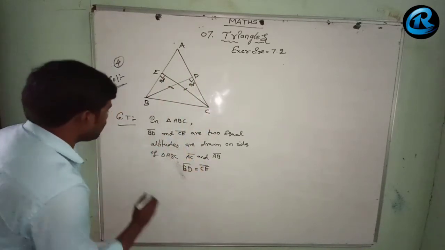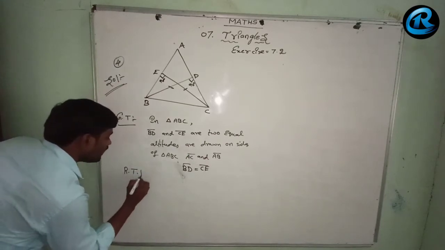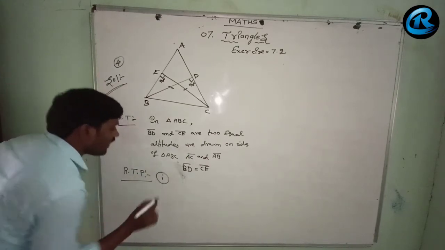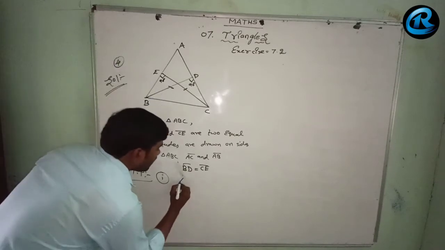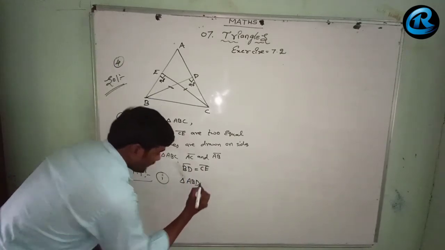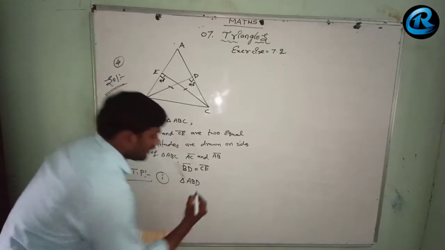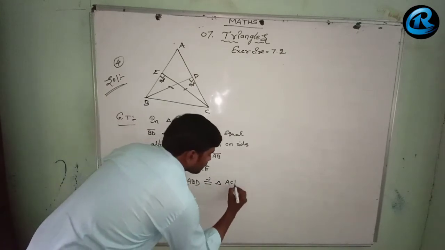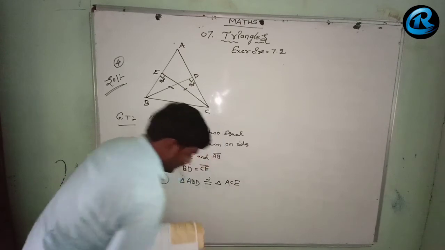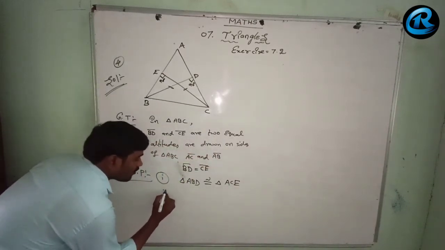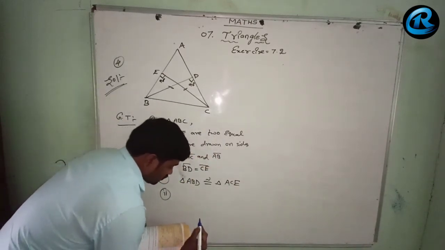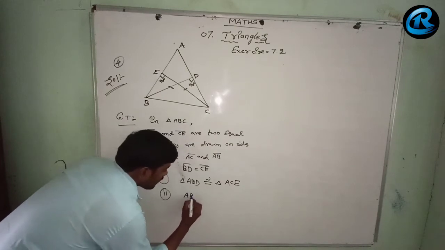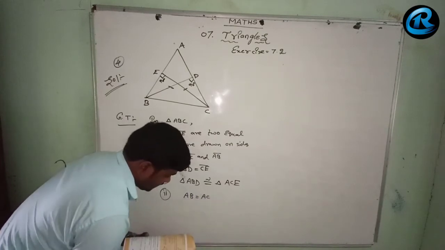Then we have to show the RTP. Let us prove the RTP. RTP number 1: we have to show that triangle ABD is congruent to triangle ACE. And also we have to go for the second one, AB equal to AC.